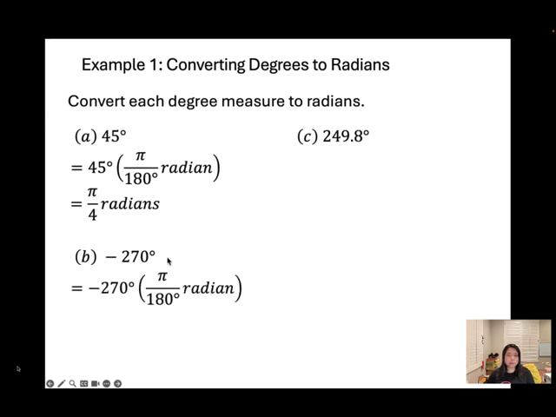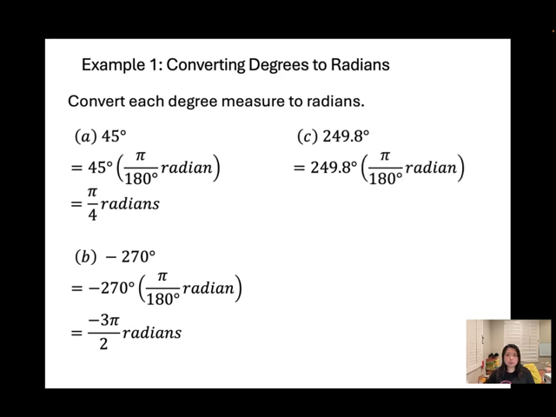You're going to multiply by pi over 180. You could get negative 3 pi over 2. C, multiply by pi over 180 degrees. Approximately, you could get 4.360 radians.